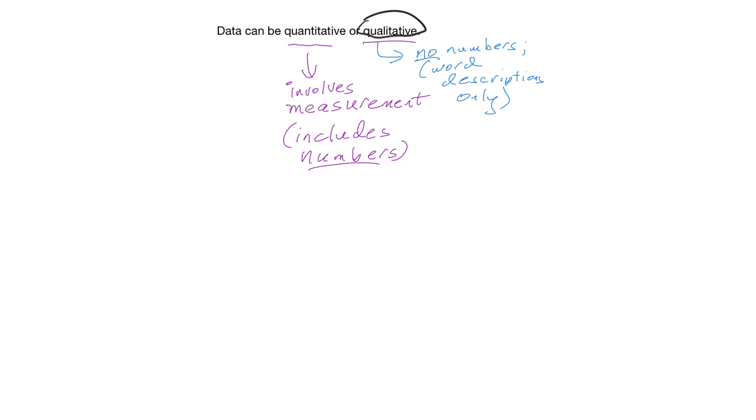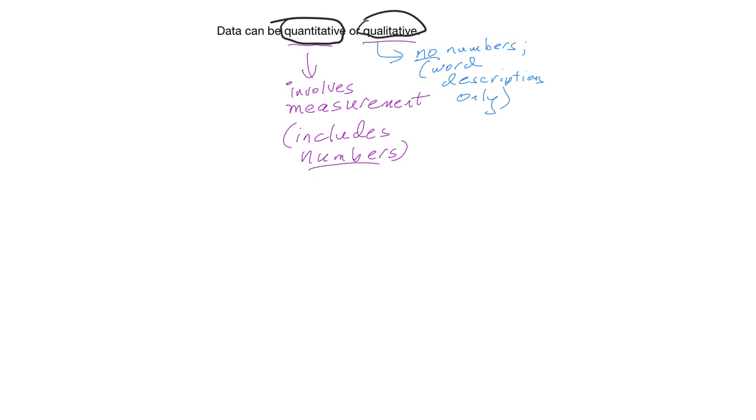So that's like a qualitative measurement or data. Quantitative is using numbers involving measurements that require numbers. So a lot of people think that is just numbers. No, it could be qualitative, especially in biology when you're observing animals and how they behave.